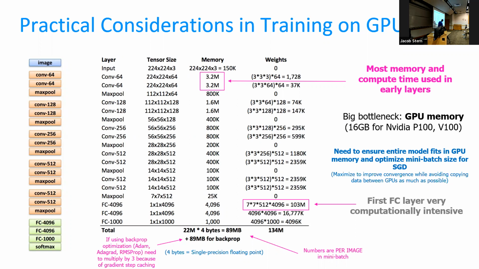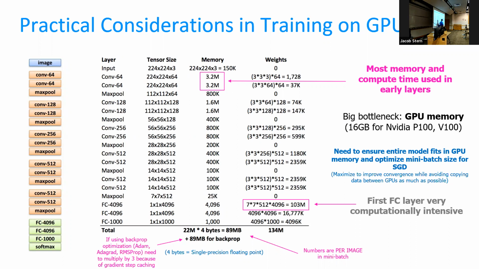Oh, and actually, I misled you. Sorry, this memory is not the sum of the tensor size and the weights. This memory is just the memory corresponding to the activations. So at the beginning, the activations take up 3.2 megabytes of memory compared to only 1.7 kilobytes for the weights. And by the end, we have much less memory for activations. But then we get to the fully connected layer where our activations are only about 4 kilobytes of memory.